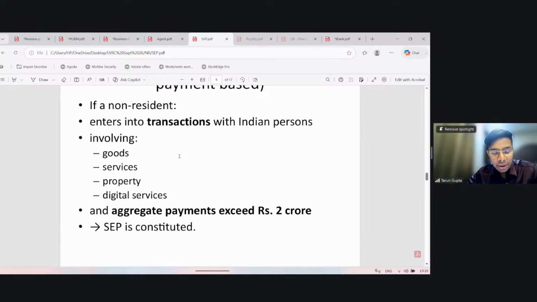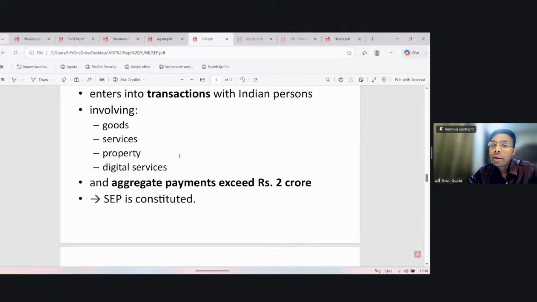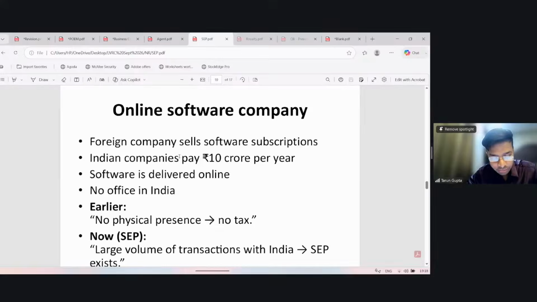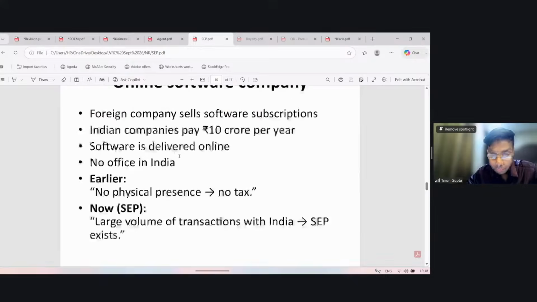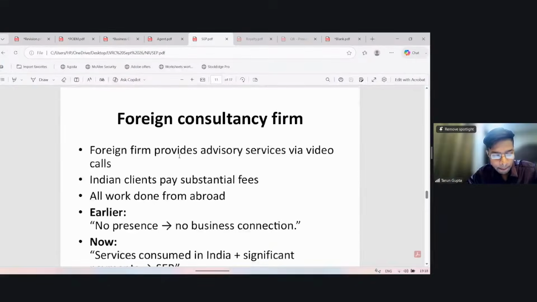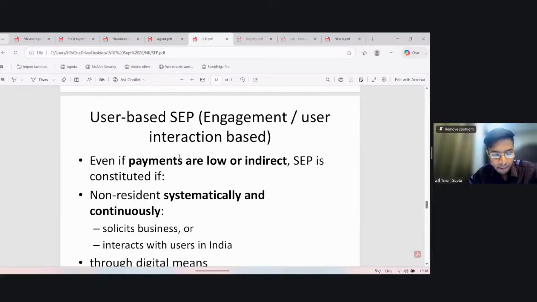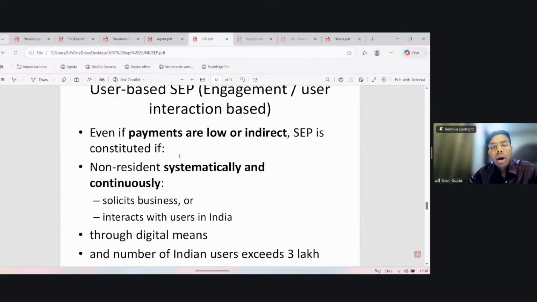So if a non-resident enters into a transaction with an Indian person involving goods, service, property, or digital service, and the aggregate payment exceeds 2 crore, then significant economic presence exists and therefore business connection exists. But SCP can also exist even if there's no money, but there's user interaction.